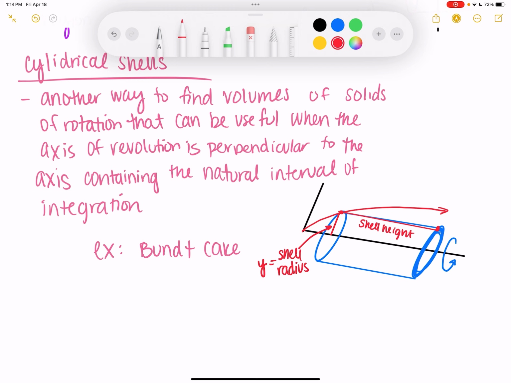And then the shell thickness, which would be this part that I colored in a little bit more, is dy. And this is just x equals y squared here, but only the positive part of it.